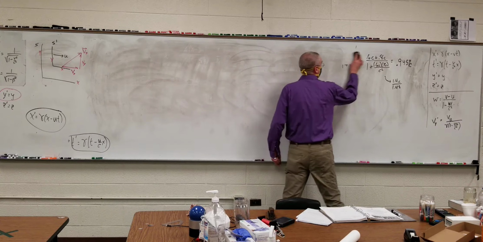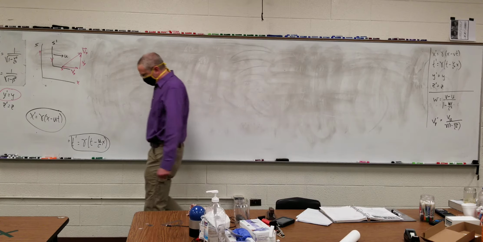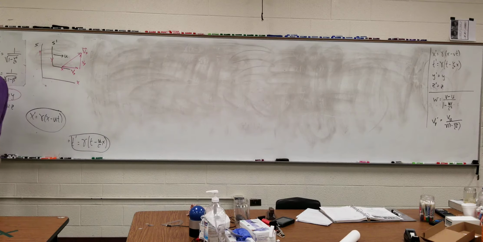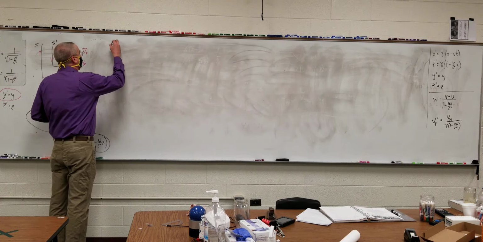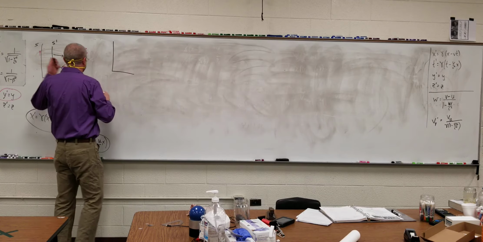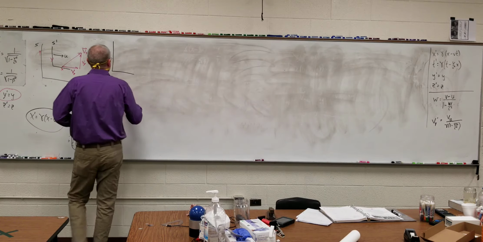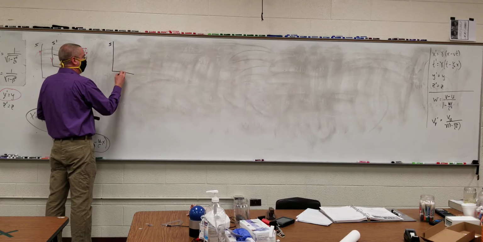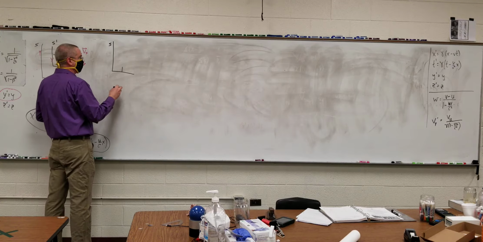Now, the one thing the two legitimate derivations have in common is conservation of momentum. So again, we're going to go with our S frame and S prime frame. In the S frame, I'm going to have an object traveling in the Y direction.